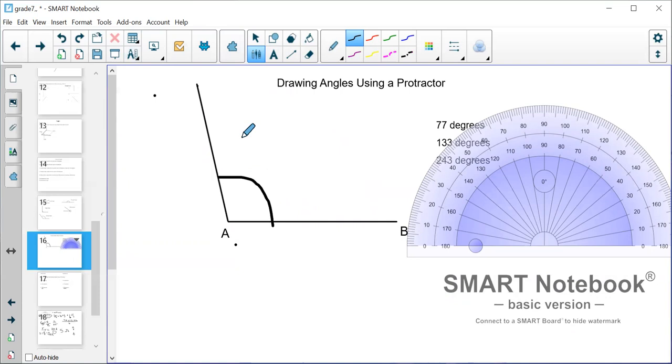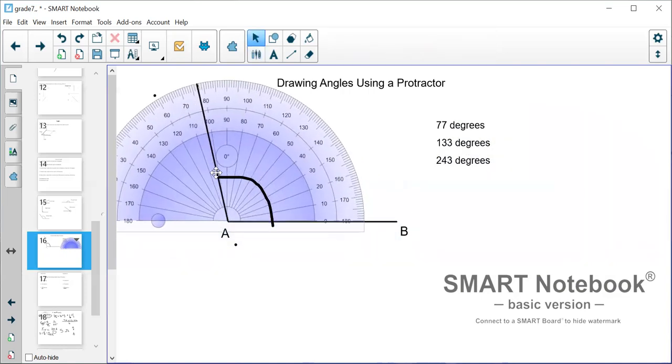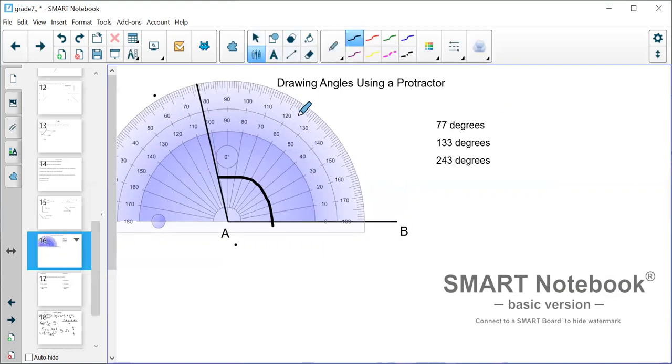So we know that this cannot be 77. So we know that we use the wrong one. So what you have to go and do is go back, erase or start a new drawing and find 77 on the other side. And that will give you your acute angle.